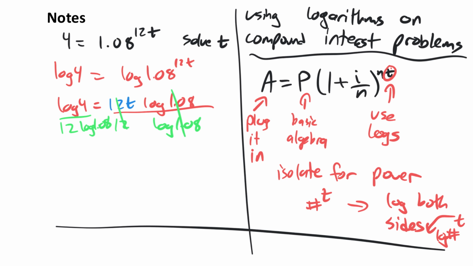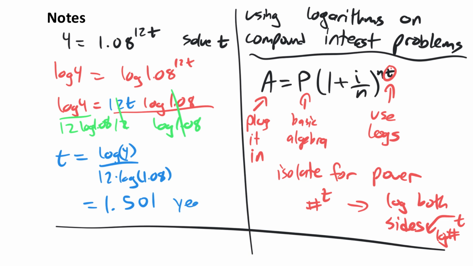So we get t is equal to log 4 over 12 times log 1.08. Often your calculator needs brackets around the logs. Let's go ahead and type that in on my calculator, see what I get here. This should give you 1.501 years. Or another way to think about it, if it was a whole number of years, you would have to round it up to 2.